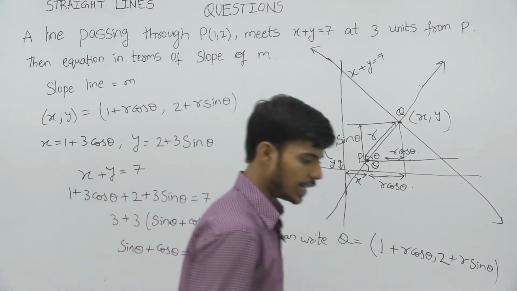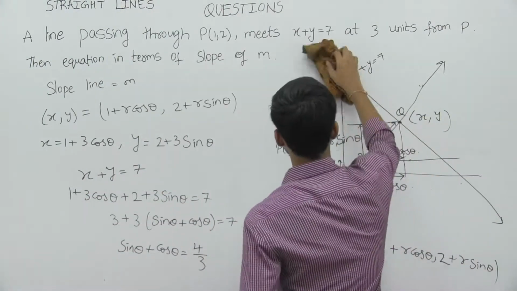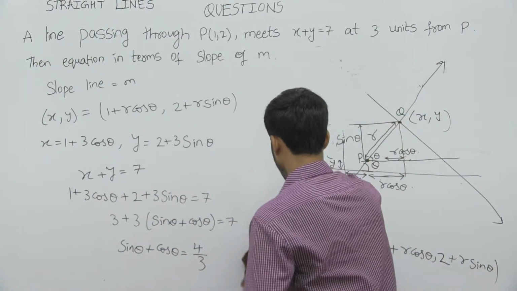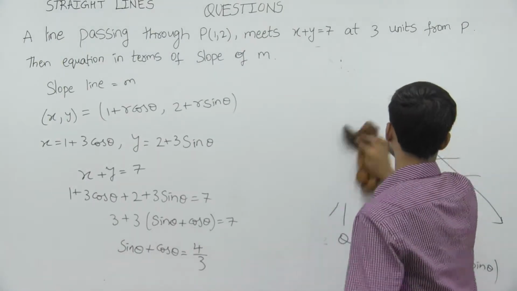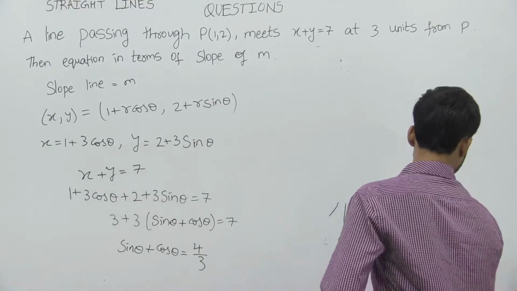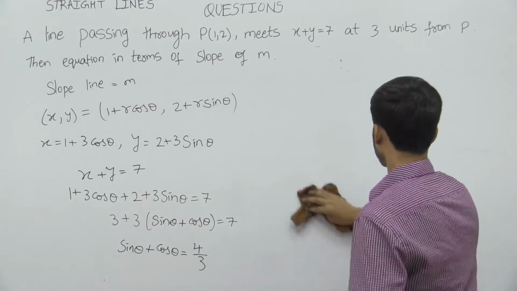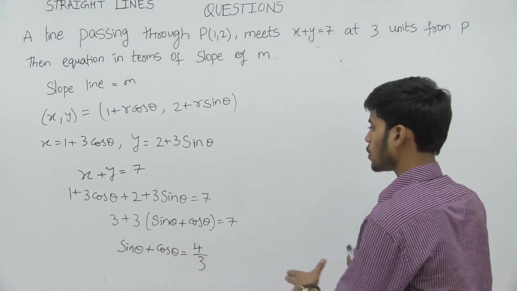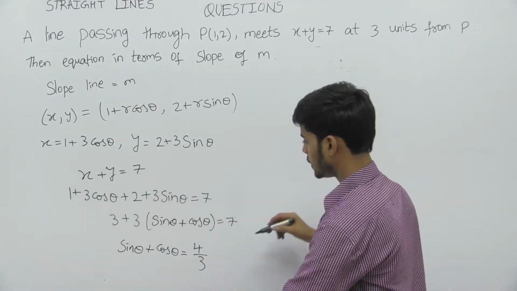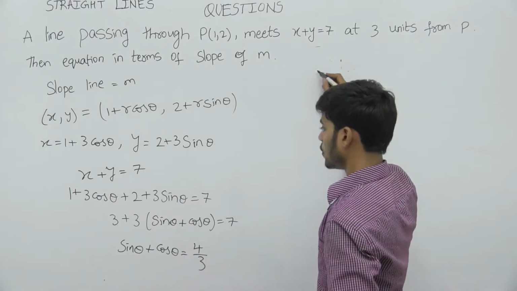Now we need an equation in terms of the slope of this line. So let's square on both sides.